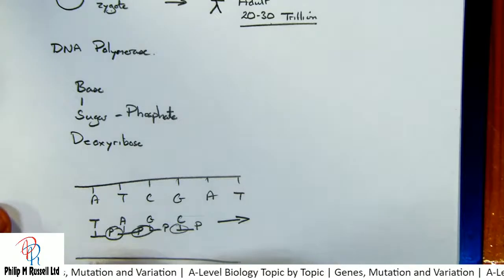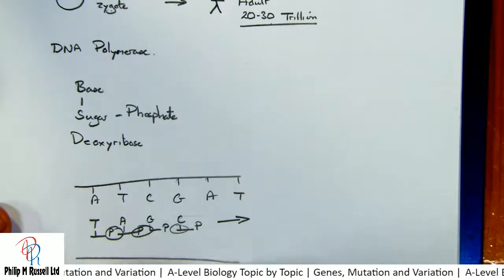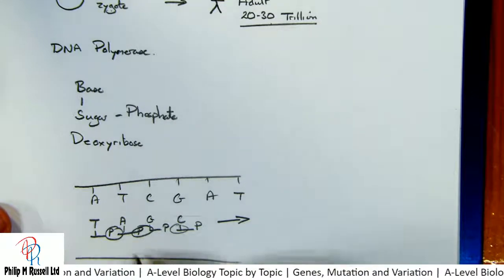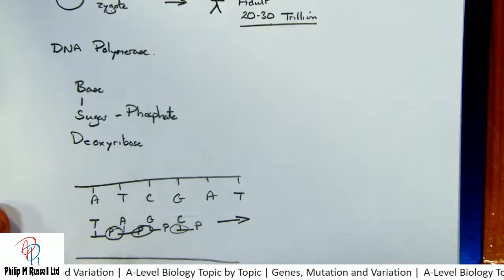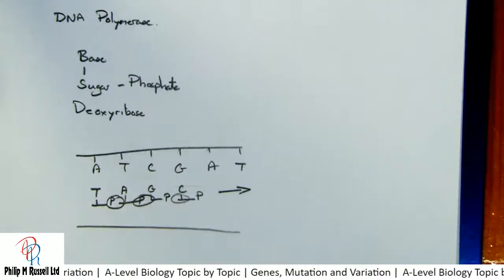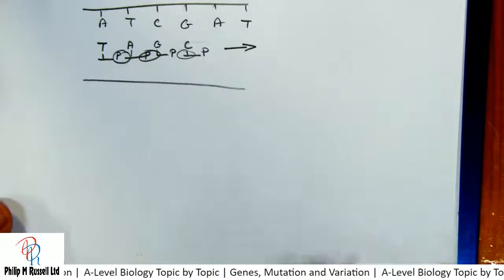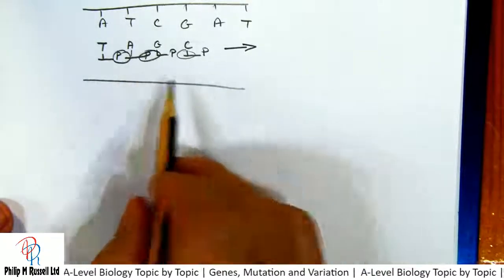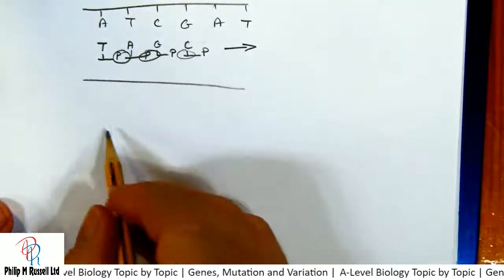But how about if I've got a different chain on the other side? What's going to happen with that chain? Well, the enzyme's going to work, but it's got to work in the same direction.